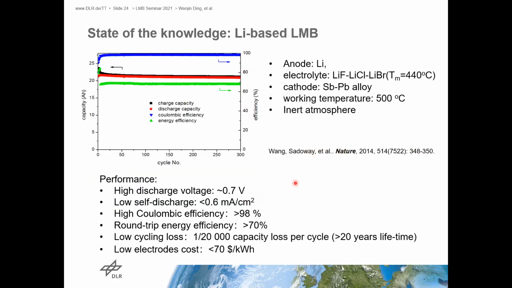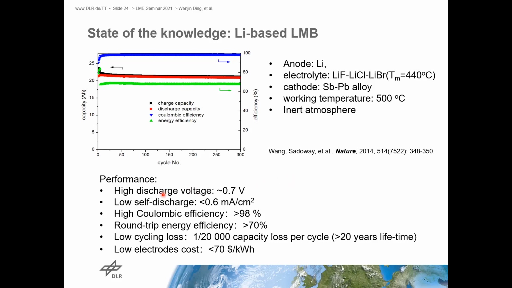As for the state of the art, our Chinese partner published a battery several years ago. The result, as shown here, is the best lithium liquid metal battery. It shows very promising performance.